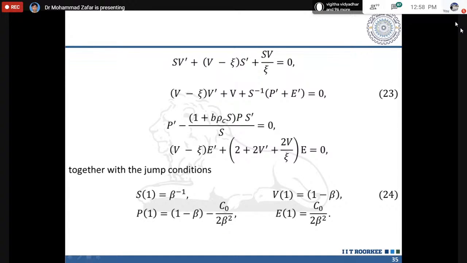We have solved this completely in our paper. I have not shown it here because it will take more space and more time. So I have just shown the direct solutions. Next.